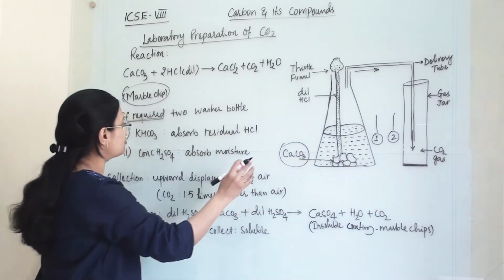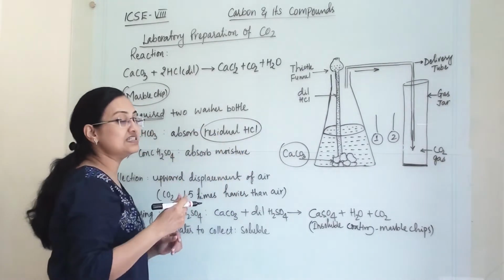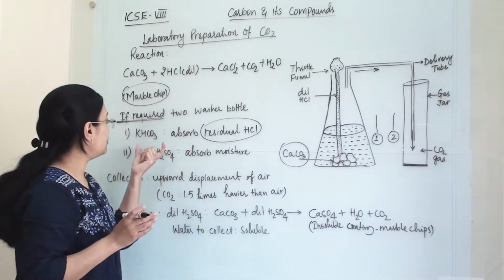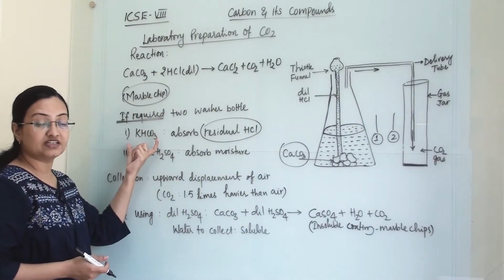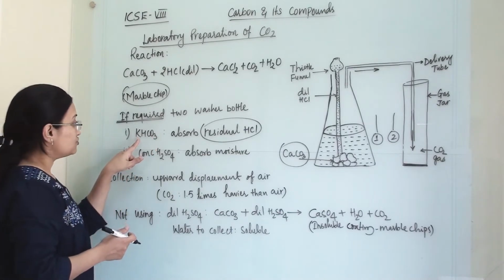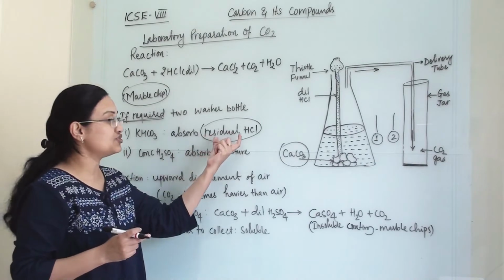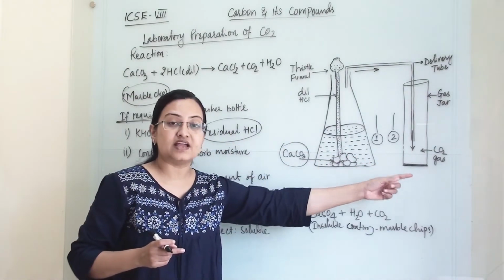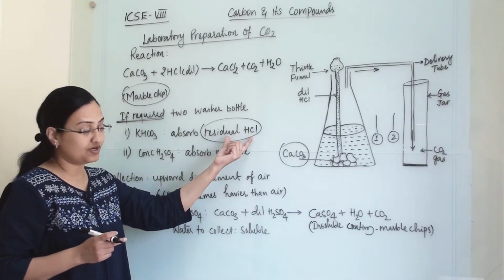We need this when residual hydrochloric acid is coming along with carbon dioxide gas. Then we need to arrange a washer bottle of potassium hydrogen carbonate, that is potassium bicarbonate. This will absorb the residual hydrochloric acid, and our carbon dioxide gas will be free from the impurities of residual hydrochloric acid.